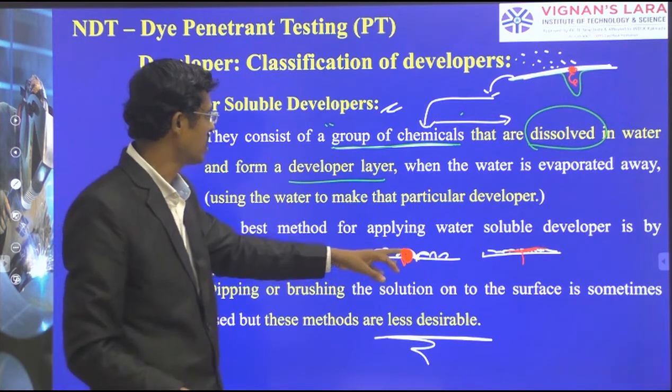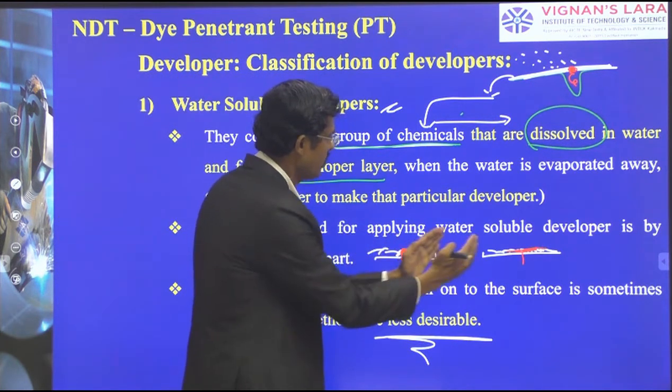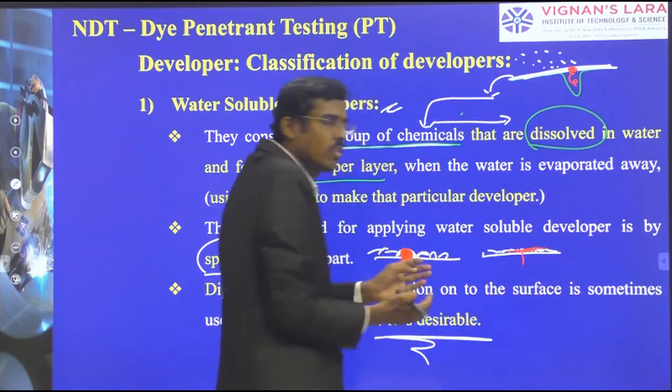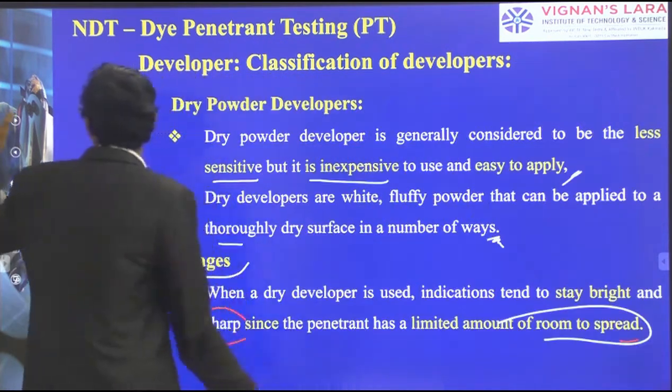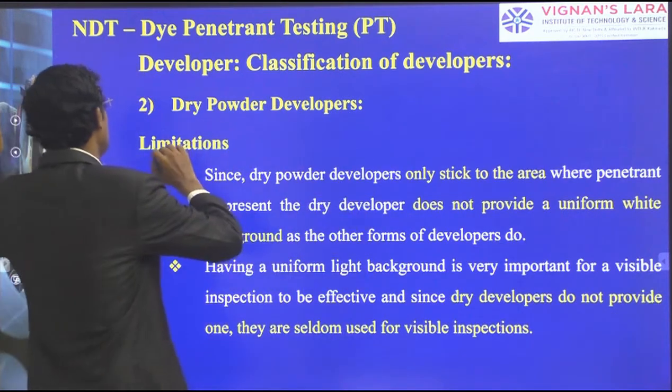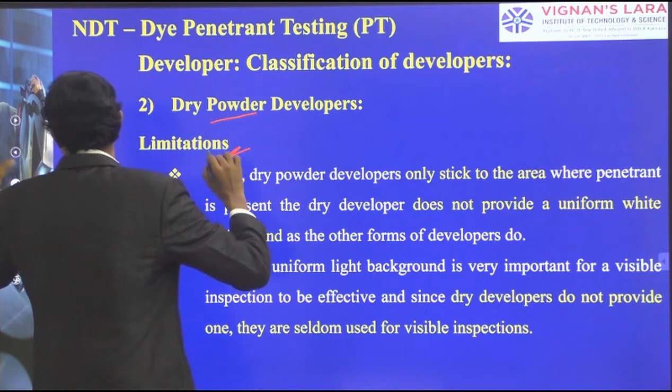It means room is limited here, but there room is high. I'm using the word room for how much it is spreading. Maybe this dry powder has some limitations also.